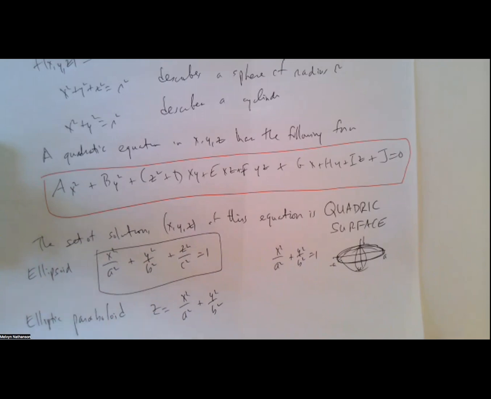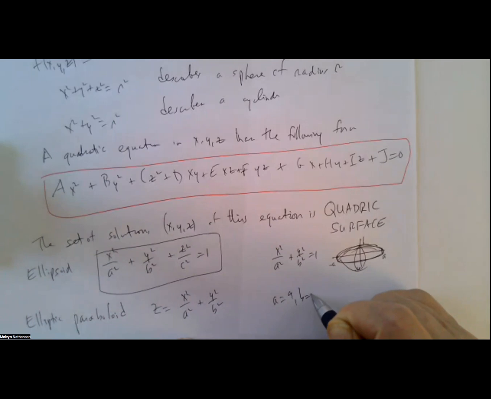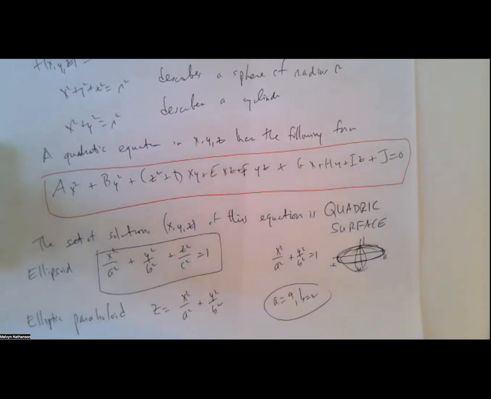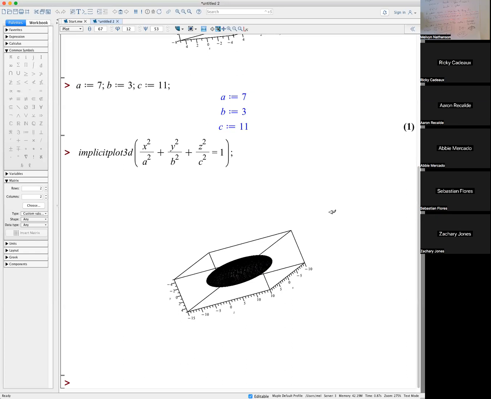So let's look at the equation of that. Let's see what that looks like. The example in the book is with a equal 4 and b equal 2. So let me go back to my Maple and try and plot that. So I'm using a command called implicit plot.